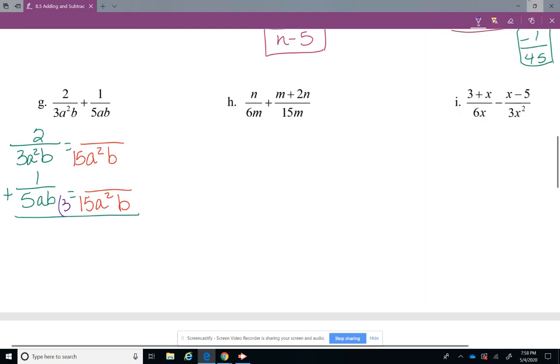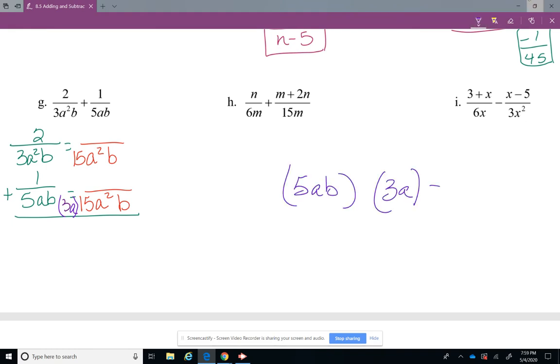All right, and then I have 2 a's right here, and I need to multiply a times a to get those 2 a's. But I don't have to multiply b by anything. All right, so if you multiplied 5ab times 3a, you will get 15a squared b, which is what we wanted.